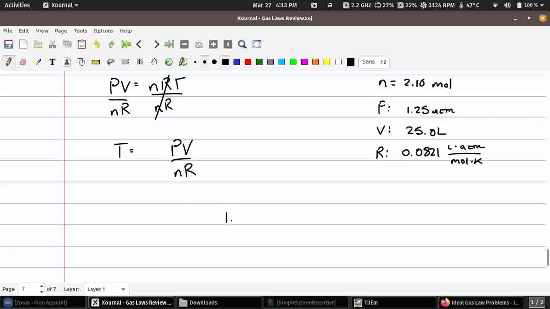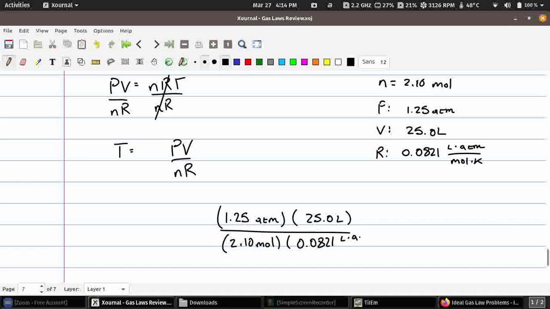We have 1.25 atmospheres times 25.0 liters divided by 2.10 mole times 0.0821 liters times atmospheres over moles times kelvins. Okay, so T equals this.